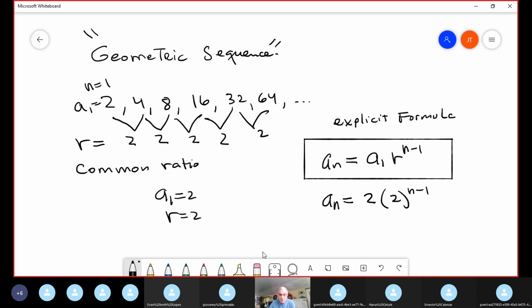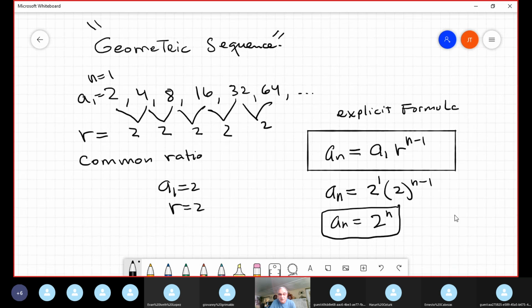You can condense it, because this is 2 to the n power, and it's true: when n is 1, it's 2; when n is 2, it's 4, 2 to the second power; 2 to the third power is 8, 2 to the fourth is 16, 2 to the fifth is 32, 2 to the sixth is 64. Okay? Super. This is the idea for the geometric sequence.